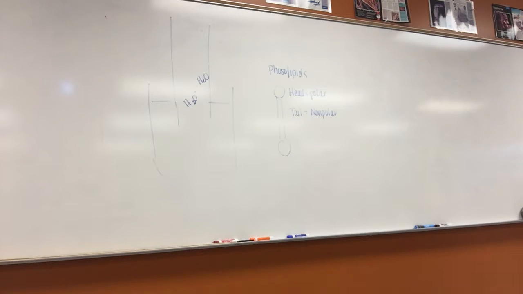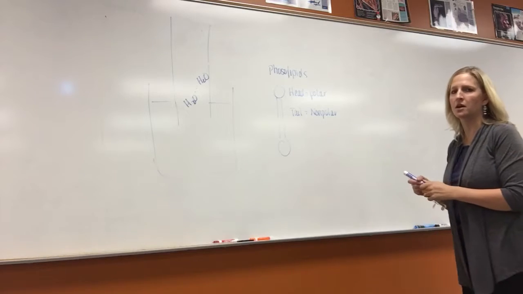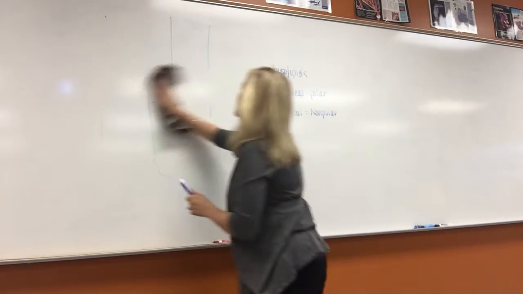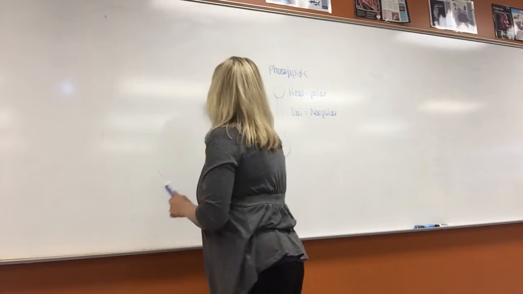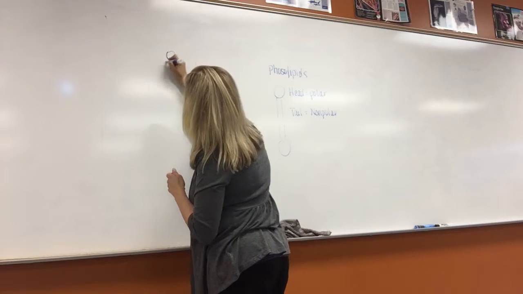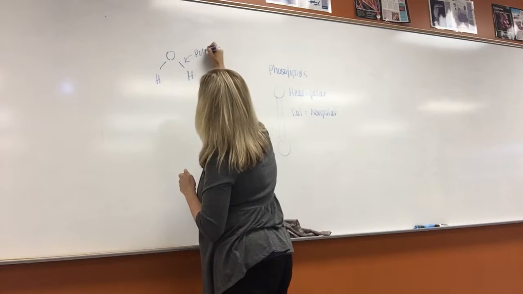All right. So characteristics of water resulting from hydrogen bonding. Let's go and review the hydrogen bonding. Remember that water is a polar molecule because, so here's your water molecule. This is a polar covalent bond.